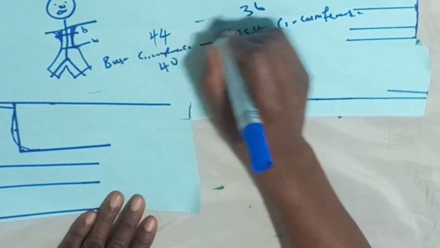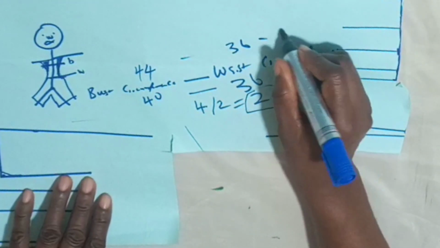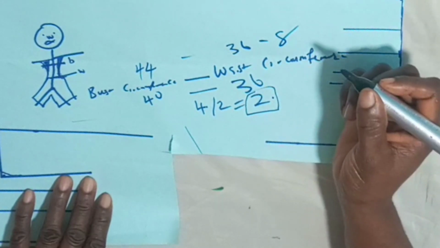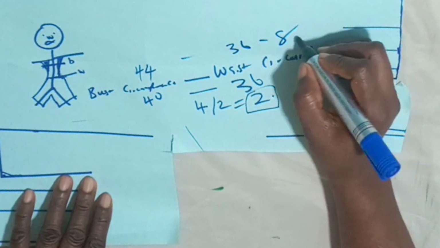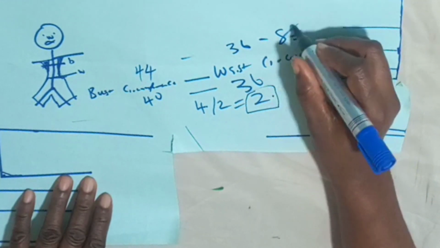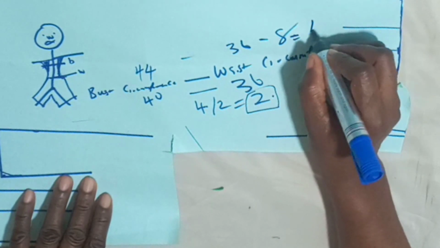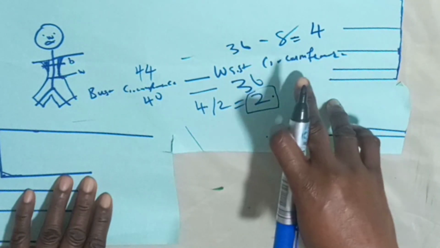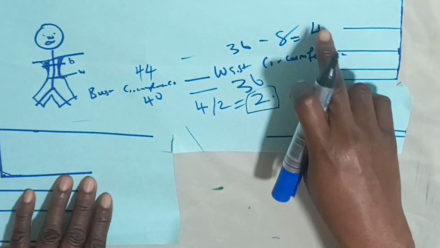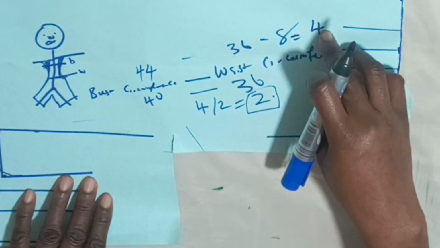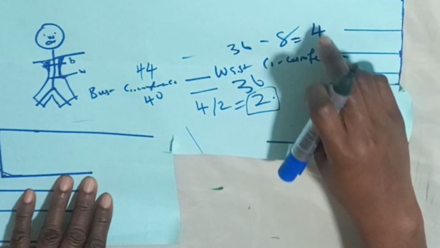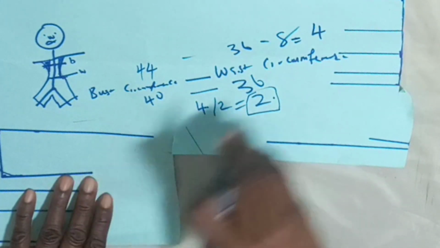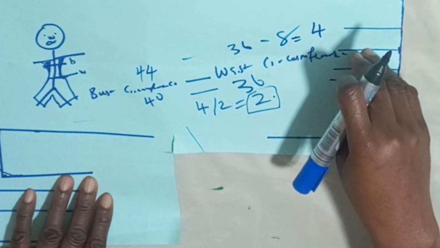So 44 minus 36 is giving us 8 inches, right? So we are dividing this 8 into 2, which is 4 inch. Do you understand? 8 divided by 2 is giving us 4 inches. So I am now saying divide this 4 inch into 4 places. 3 inch is going for the front, 1 inch will go for the back.